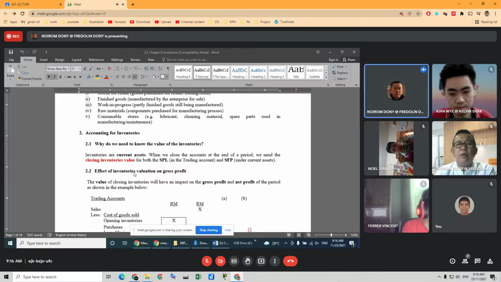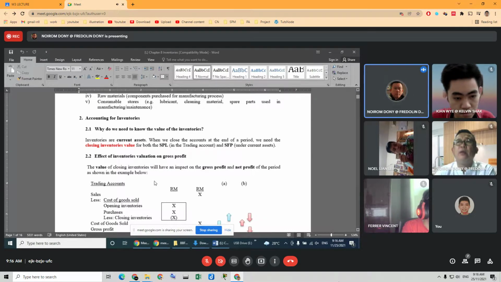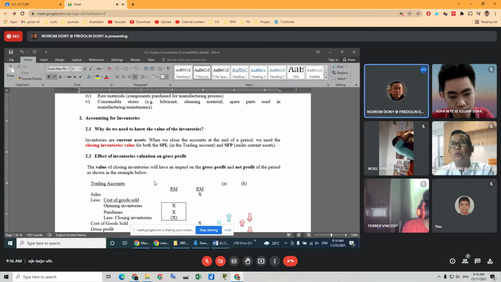Now, what would be the effect of inventory valuation on gross profit? So this one is we are explaining why we cannot overstate, why we have to observe the prudence concept. We do not overstate the value of the asset.